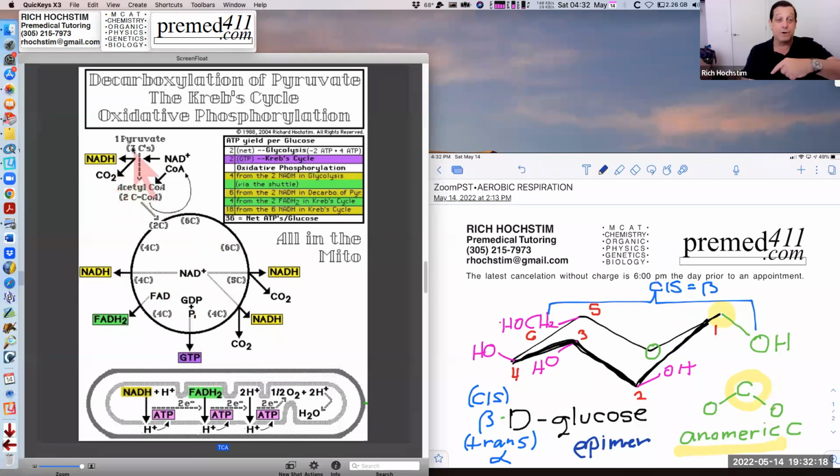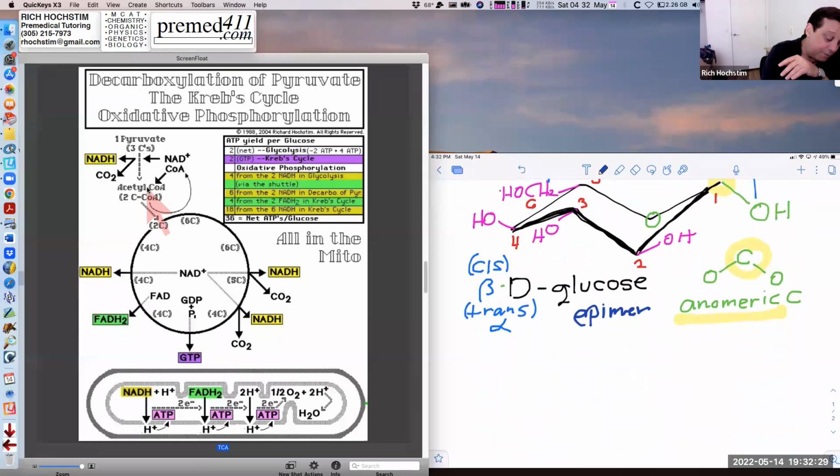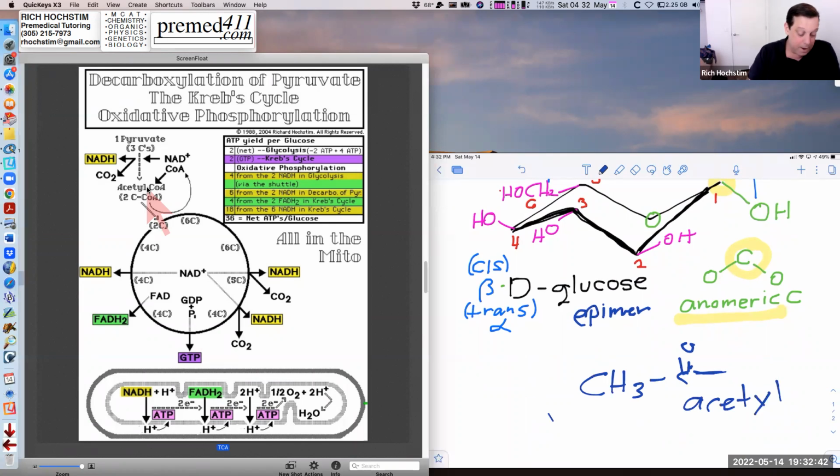That's 1 CO2 per pyruvate. And what happens is the 3-carbon pyruvate becomes a 2-carbon acyl group. So, if you're into orgo, the acyl group that we're talking about occurs very commonly in biochemistry. It looks like this. So that's the acyl group we're talking about.